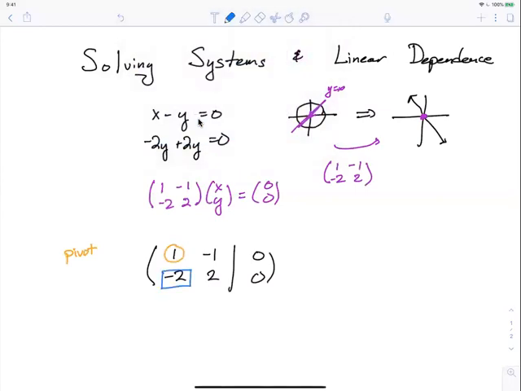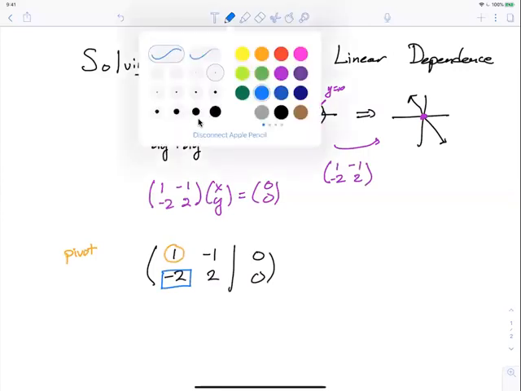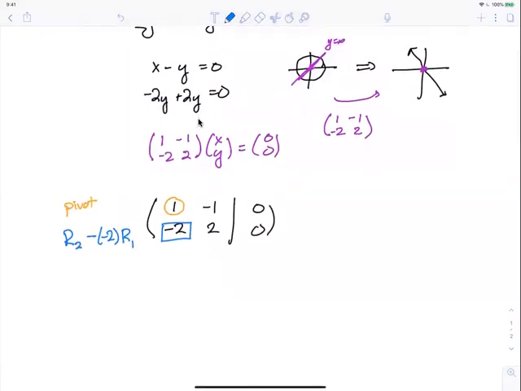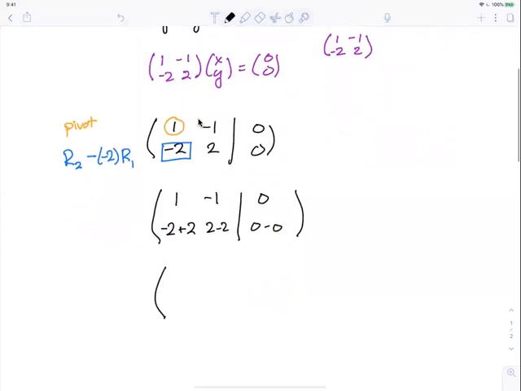Normally we'd want to scale that 1, but since it's already scaled, we don't need to do that. But we do need to change that 2. So we get row 2 minus 2 times row 1. And when we change that up, what do we get? -2 plus 2, 2 minus 2, 0 minus 0. And we get 1, -1, 0, 0, 0, 0.